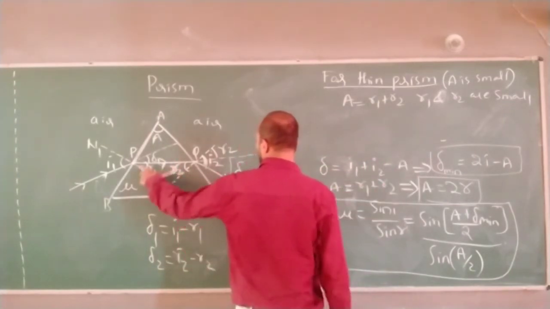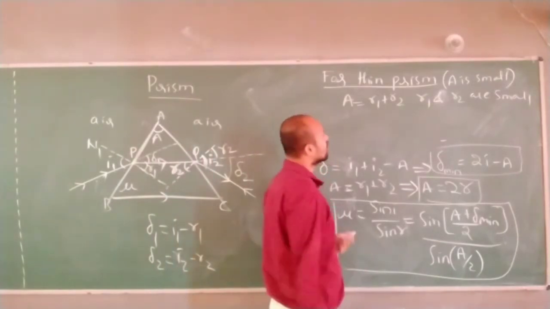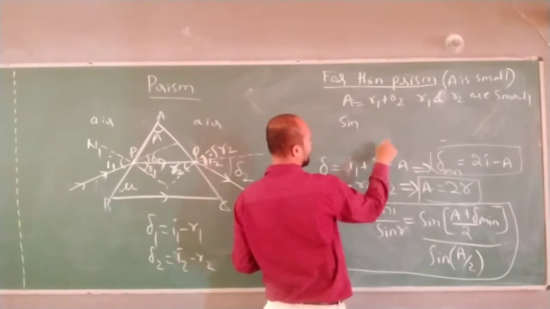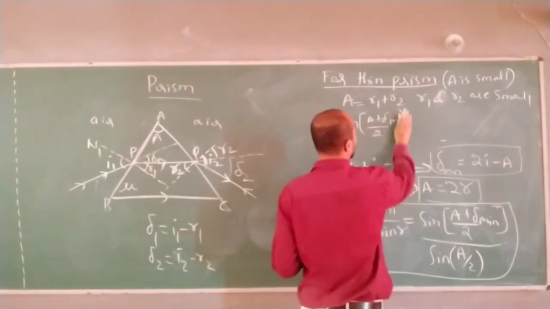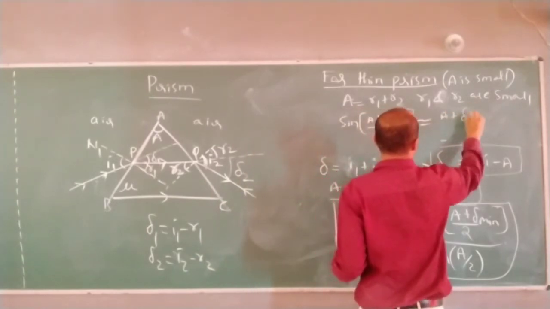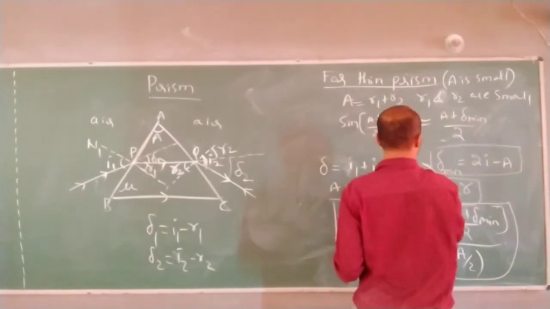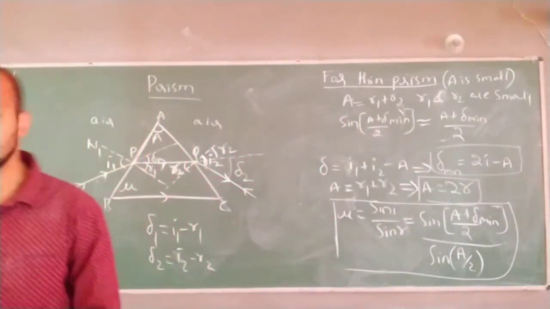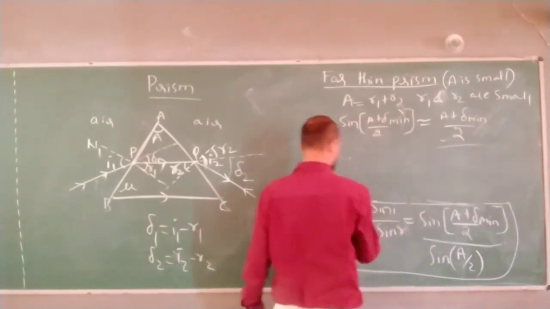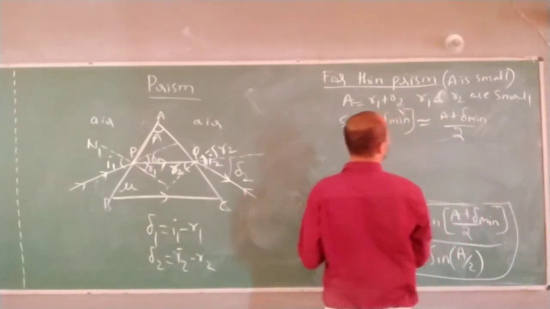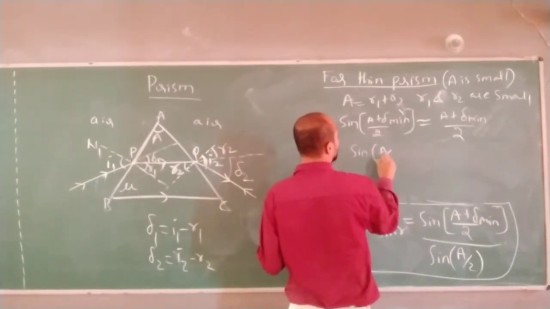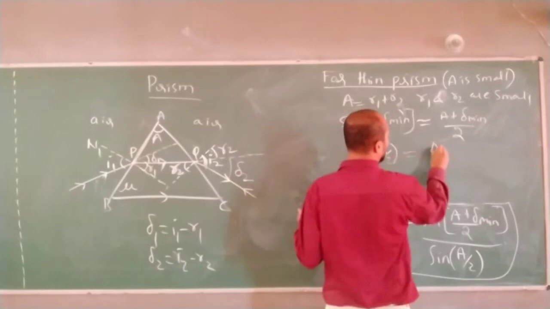For all these conditions, I can write sin of (A plus δ minimum) divided by 2 is nearly equal to (A plus δ minimum) divided by 2. And sin of A by 2 nearly becomes A by 2.